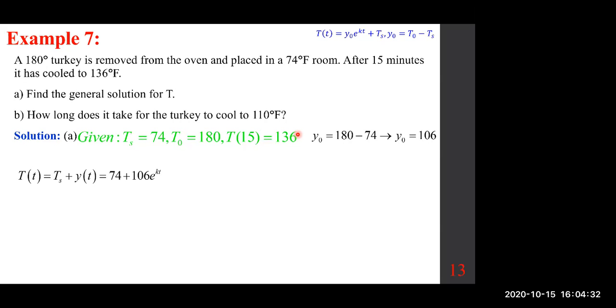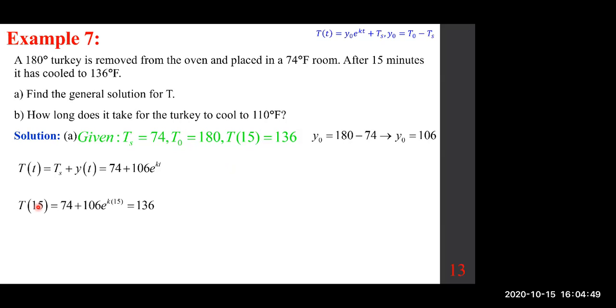And now we use the fact that T of 15 is 136 to find the k. So T of 15 is 74 plus 106 e to the power of k times 15 equals 136. Now, I'm going to assume you can finish the job.